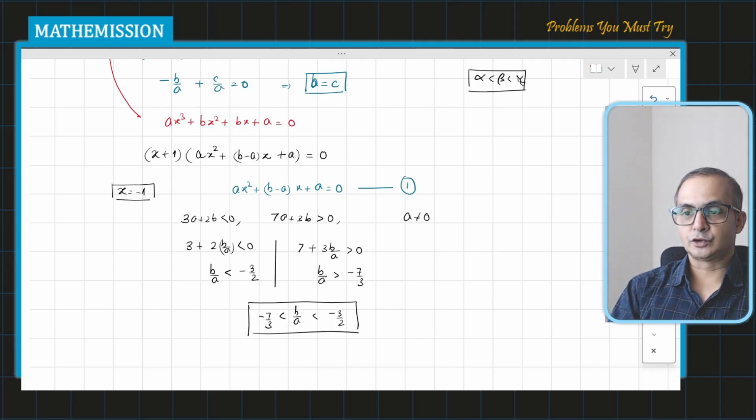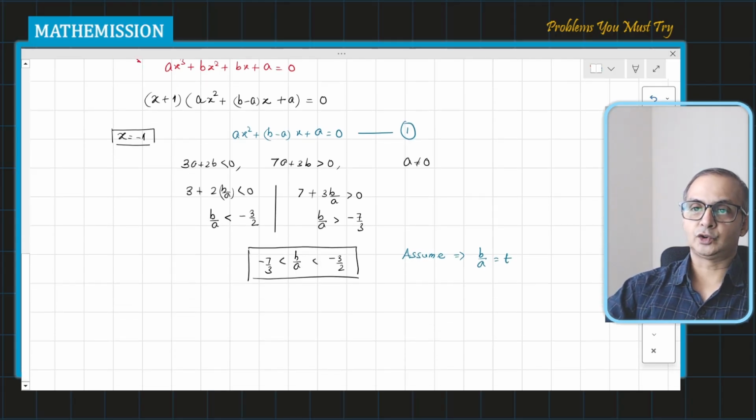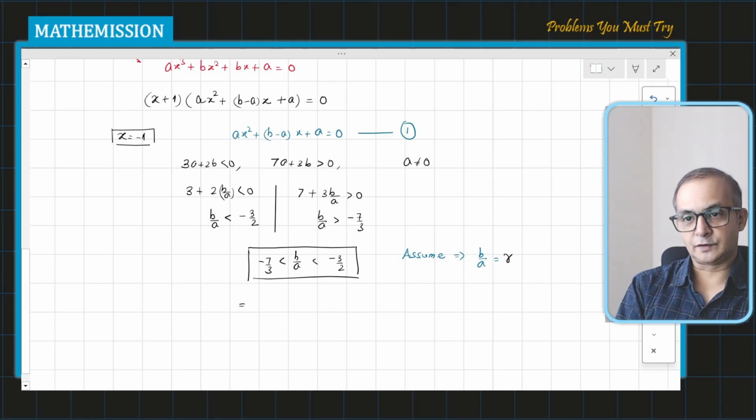I don't want to always write b by a, so I'm assuming that b by a is a new number, a ratio r. So b by a I'm taking as ratio r. So first of all I write negative 7 by 3 lesser than r lesser than negative 3 by 2.